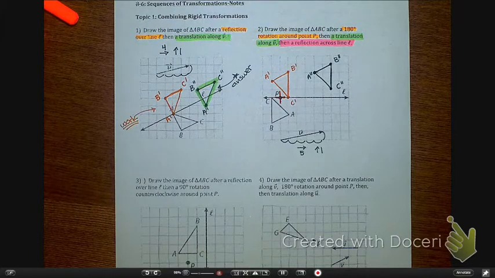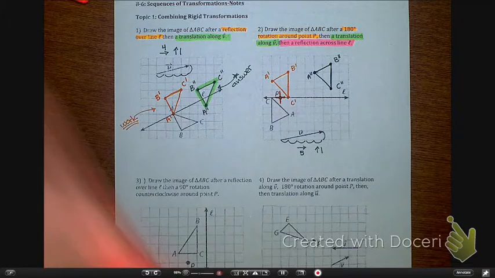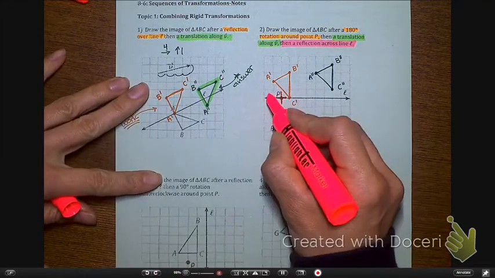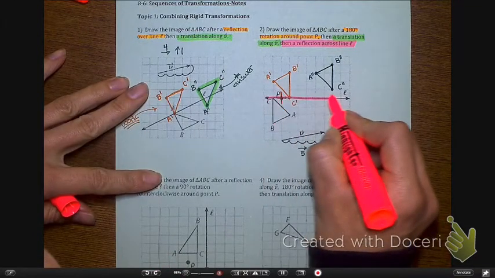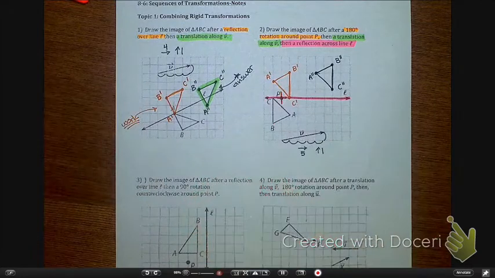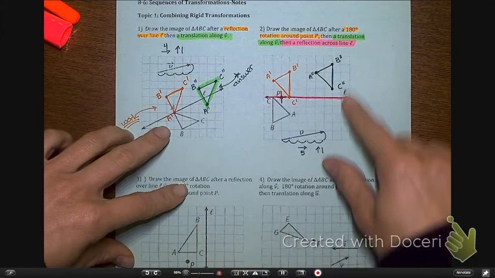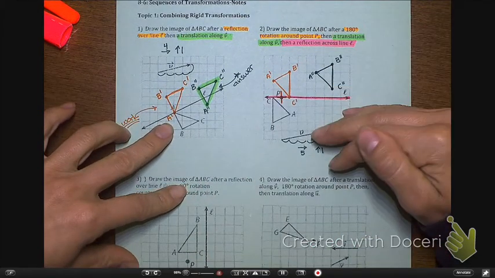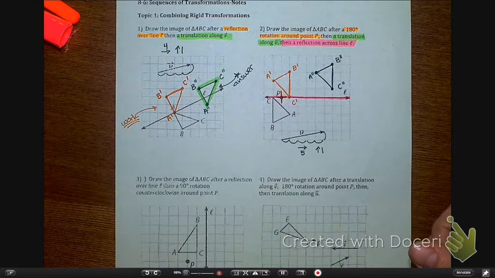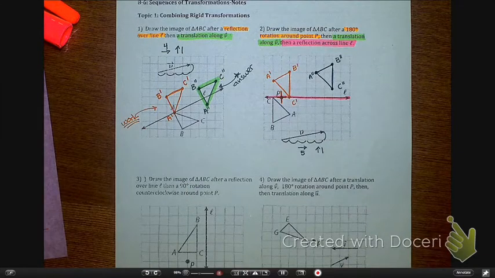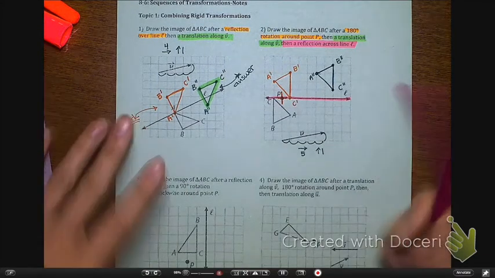Okay, what does my last transformation tell me to do? Reflect across line L. Let's look at where line L is. Line L is this line right here. Now, if you want to, you can trace the line and trace this image and reflect it over. Flip your paper over. The other way to do this is, since it's a horizontal line, can we use counting?